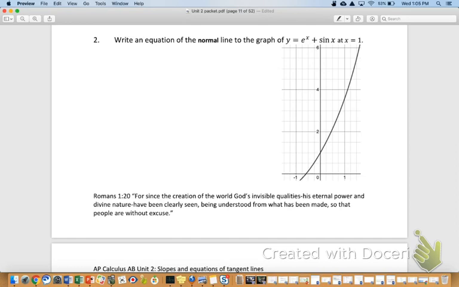This is just a constant multiple. What's the derivative of ln of x? This is from your derivative rules page. If you haven't copied that down, you need to. The derivative of ln of x is just 1 over x times the constant multiple. And you can probably see how this is the exact same.